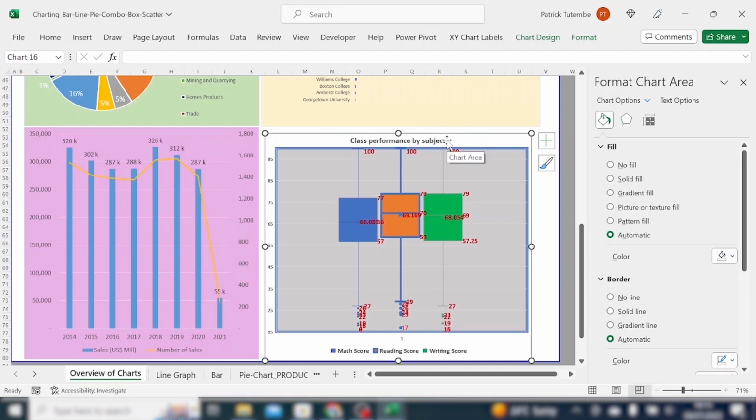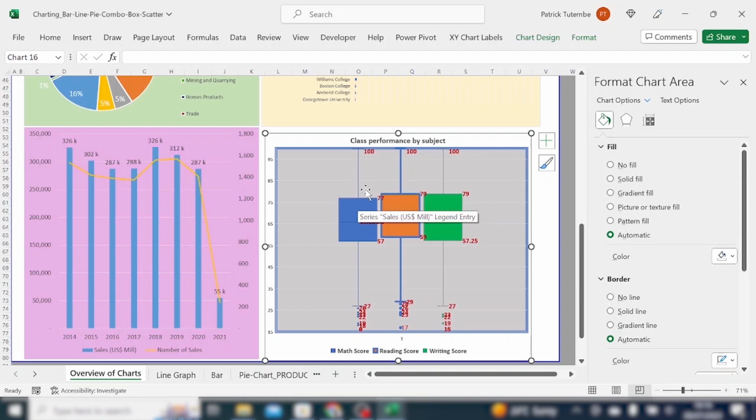Then finally, we have another very important visualization in the name of a box plot. A box plot is one of the very important but not well utilized visualizations in Excel. A box plot basically tells us about the skewness, the spread, the central tendency of a distribution.